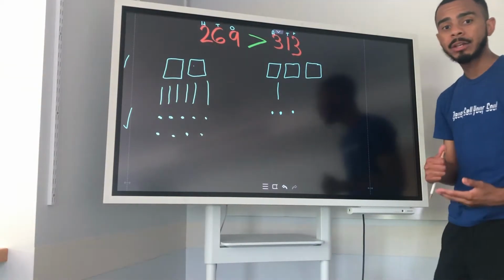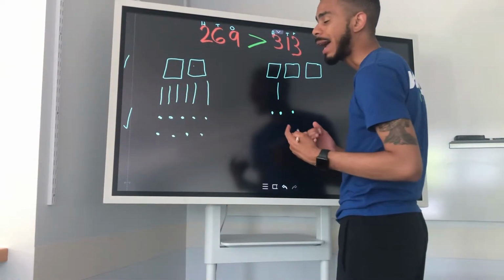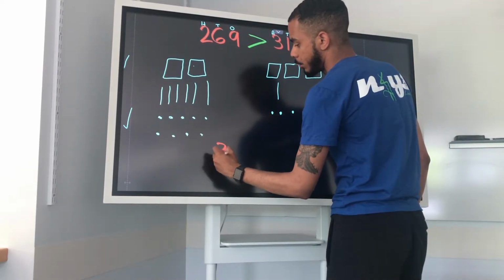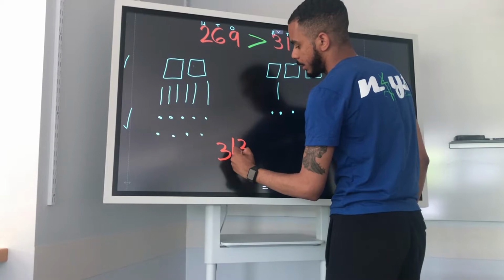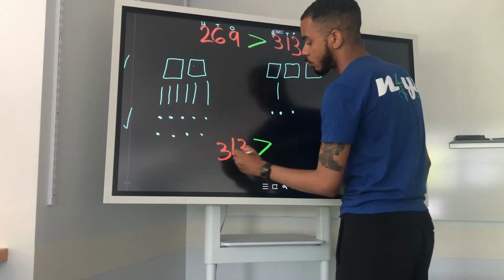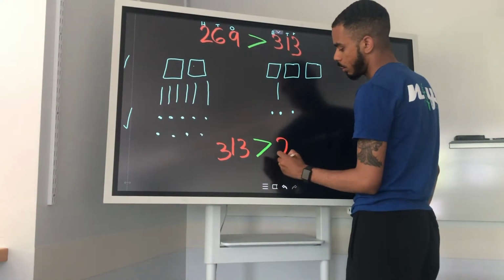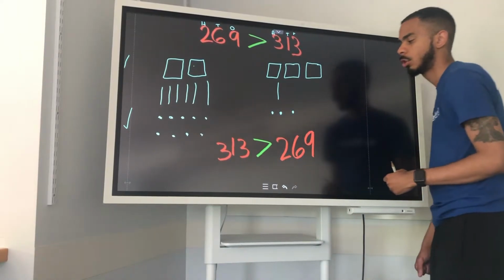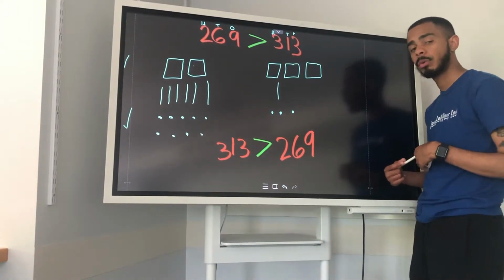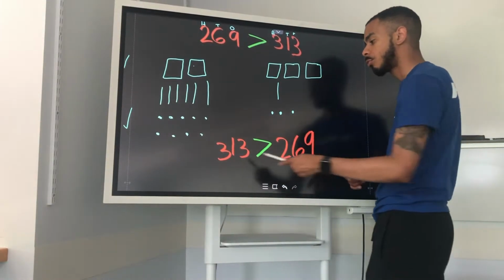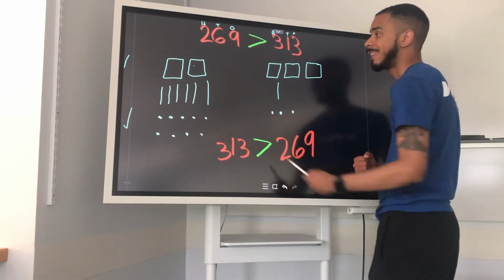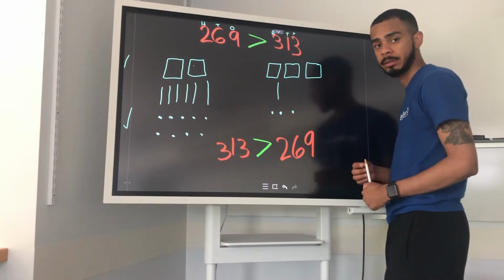So what I can do is, I can write it like this. 313 is greater than 269. So that's why I disagree with Miss Yoon, because 313 has more hundreds than 269.